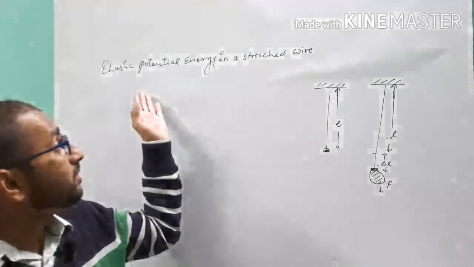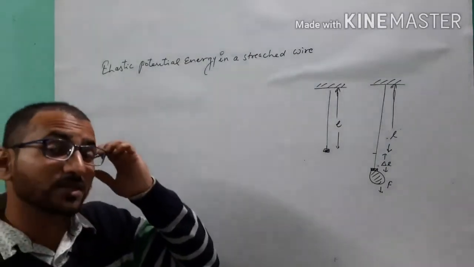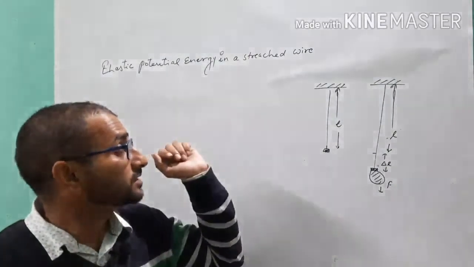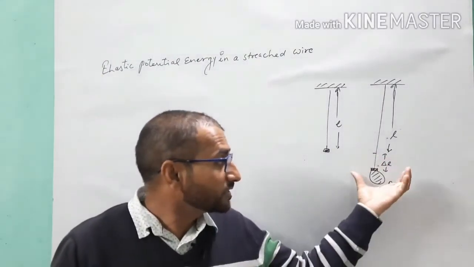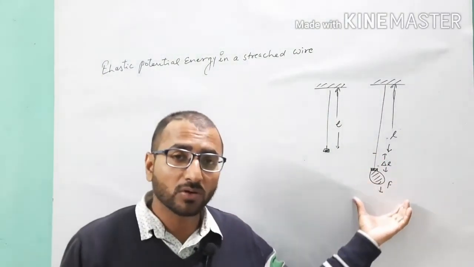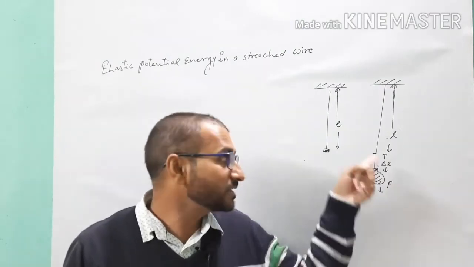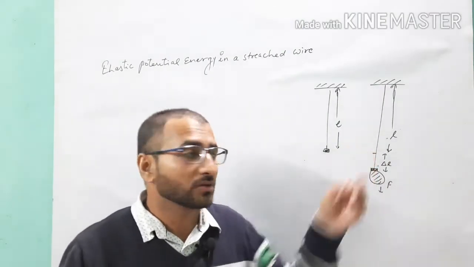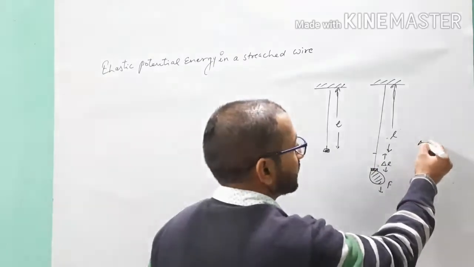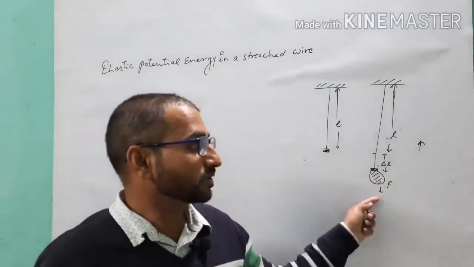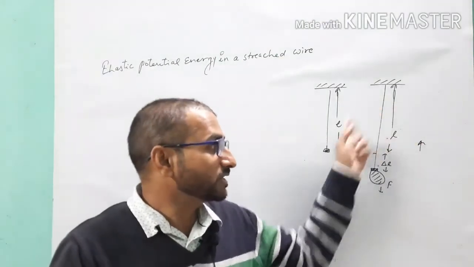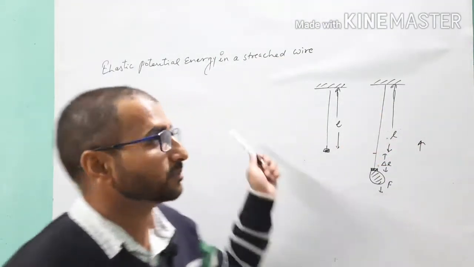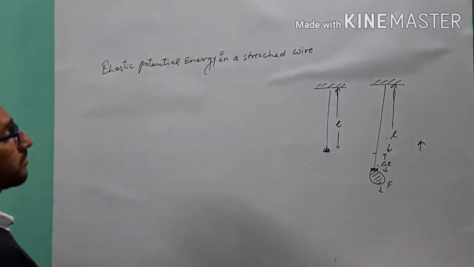Here we are talking about the potential energy in a stretched wire. The potential energy is equal to the amount of work done against the restoring force, which is in the vertically upward direction, opposite to the applied force direction, and is stored as elastic potential energy, as in a spring. Point clear?